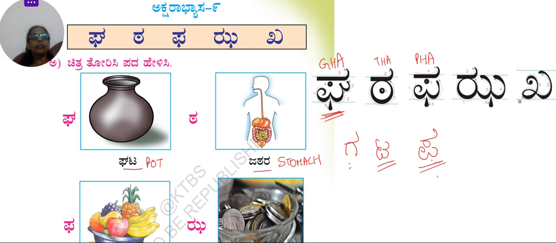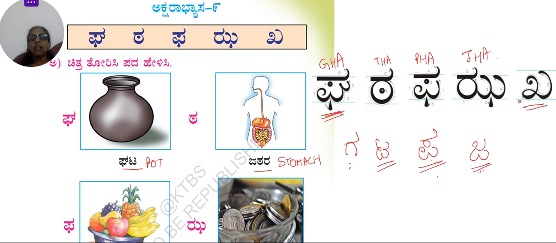So Gha, Tha, Pa. Then this is Ja. This is Ja. Okay, this is the Alpa Prana. This one's Mahaprana is this Jha. Jha, Jha. So this is Jha.